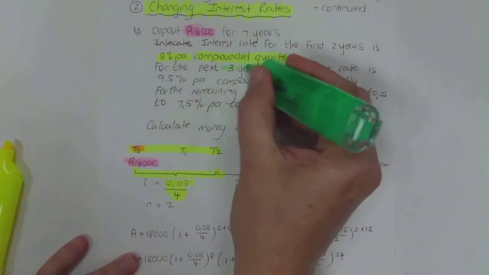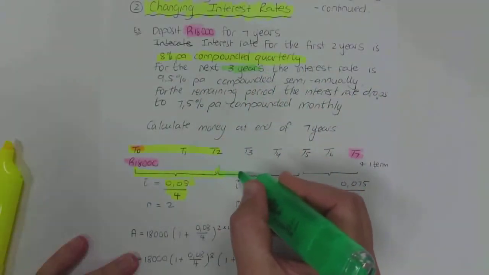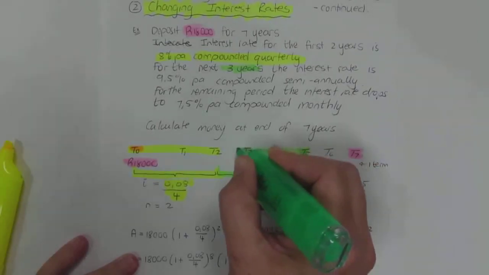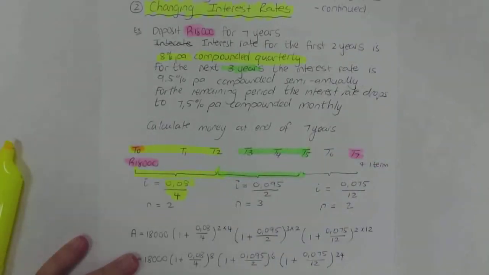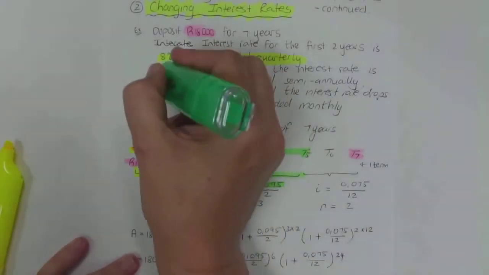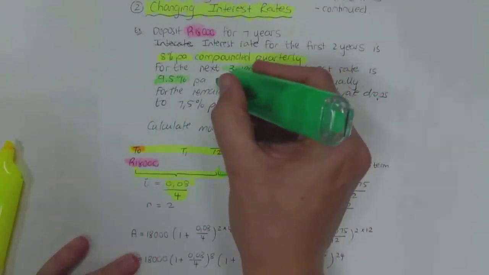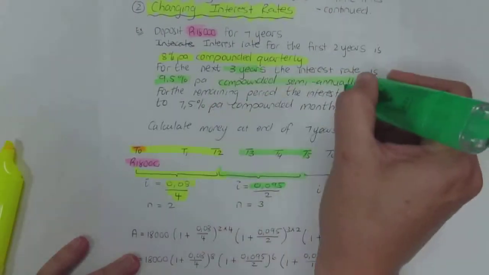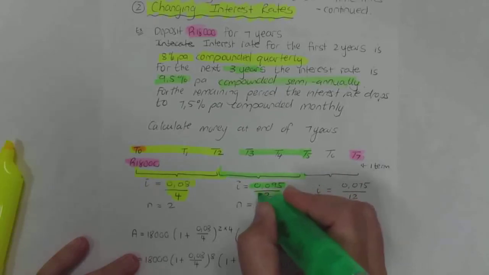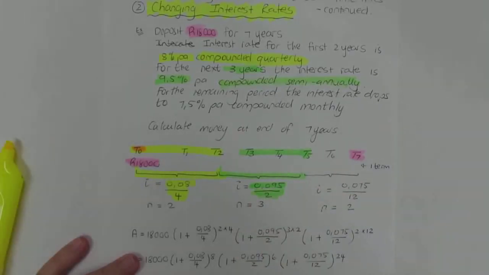For the next 3 years, so 1, 2, 3, so up to T5, my interest rate was 9.5%, compounded semi-annually, which means that 9.5% happened twice a year.